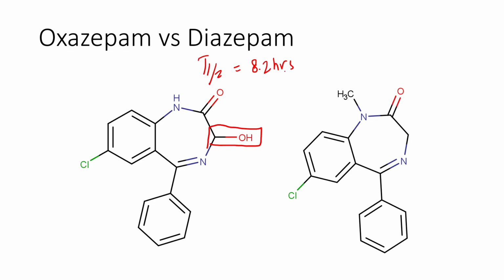So it's a quarter of a day. Well, the half-life of diazepam is around 2 to 5 days. So as you can see, the difference between those two is significant. Oxazepam has a shorter half-life, therefore it lasts shorter as compared to diazepam. And that is only with the difference of our hydroxyl group.